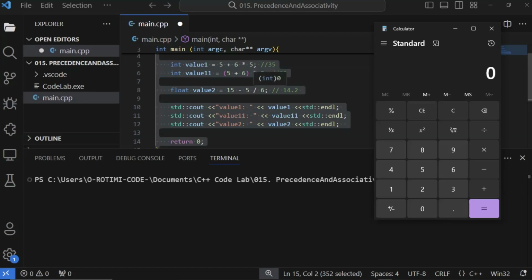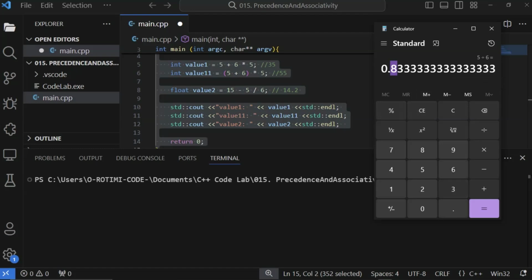Since it's the division operator, it's going to be like, okay, 5 divided by 6. It gives us 0.8. So it considers this 0.8 as 1, so it makes it 15 for us. So that's why it's giving us 15.